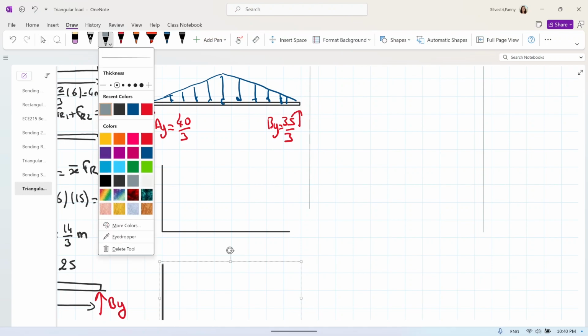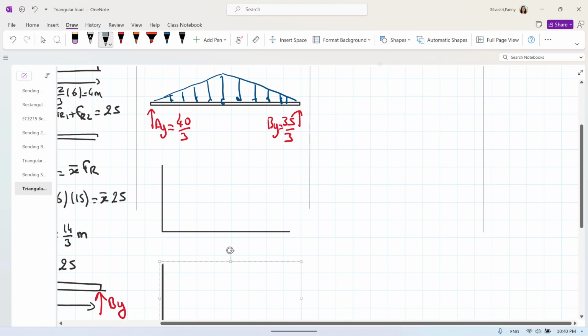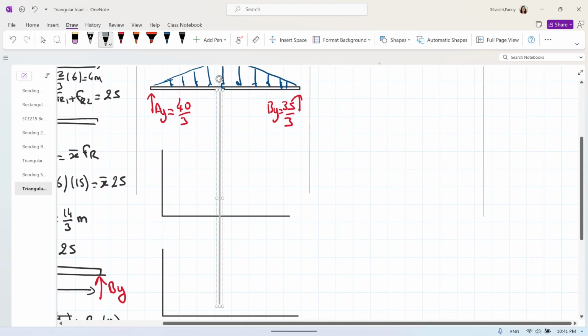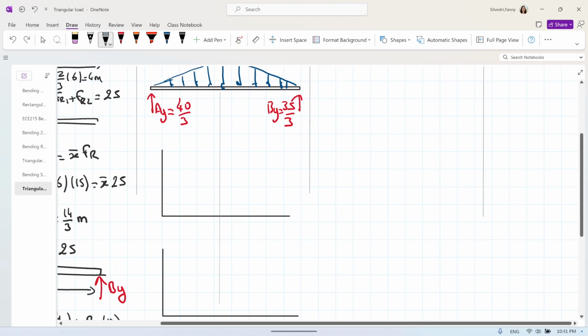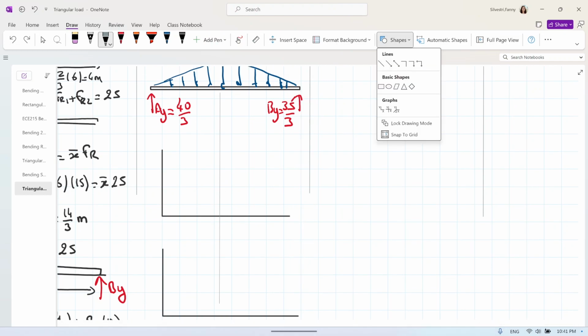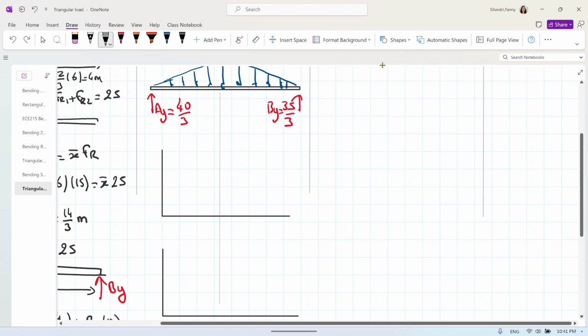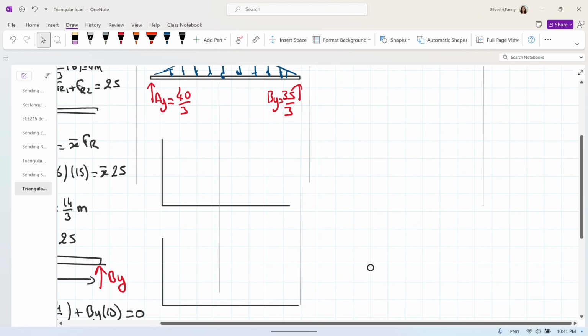Maybe I can do it very light. I think that will be great to see. Up this line at 4 meters and this line at 10 meters. Let me try to do it straight from there to there.